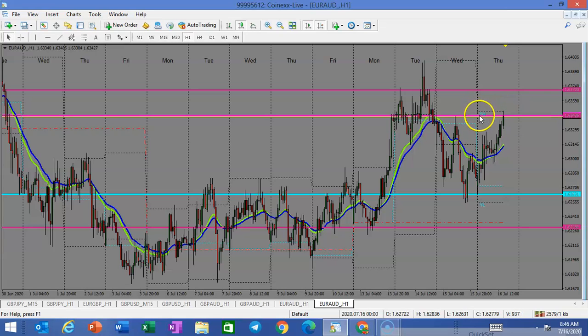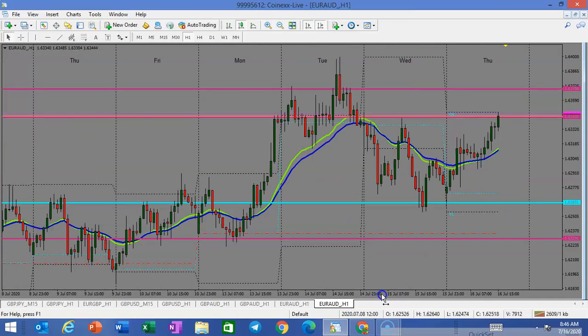Right now I'm looking to see if it breaks yesterday's high. If it can break yesterday's high, then as we open for the New York session, I may get in for a few pips.